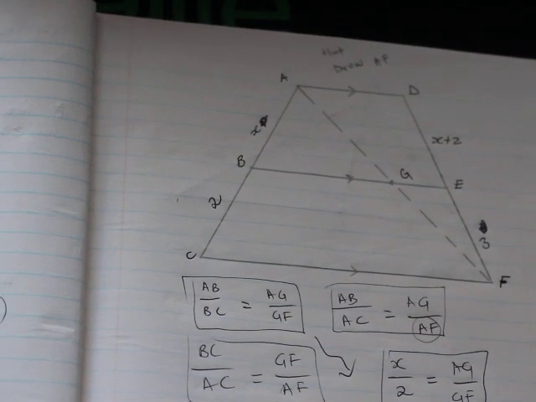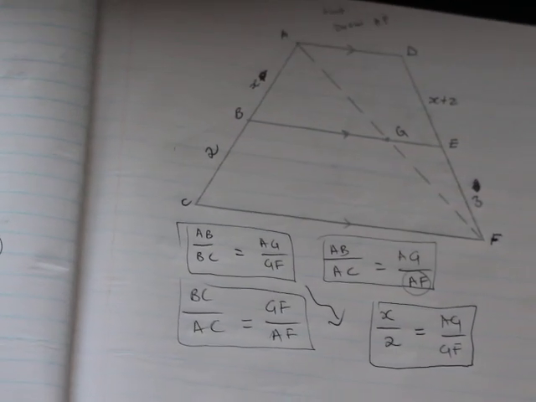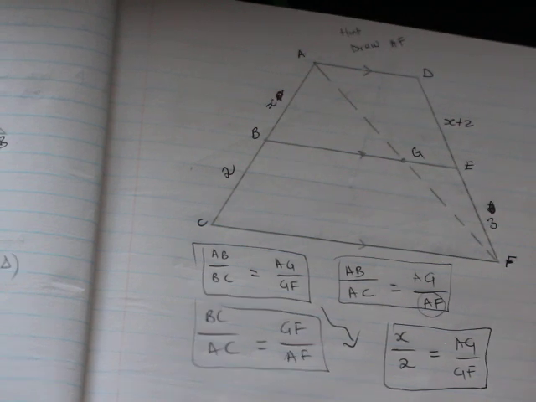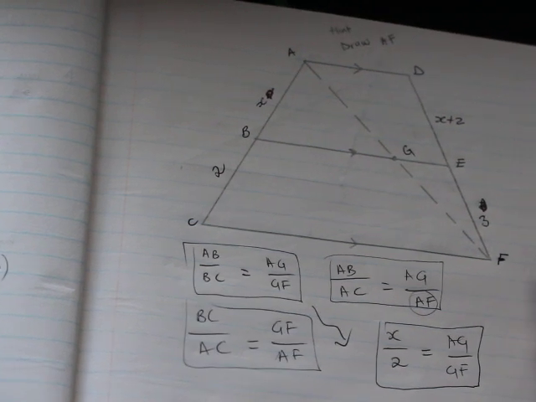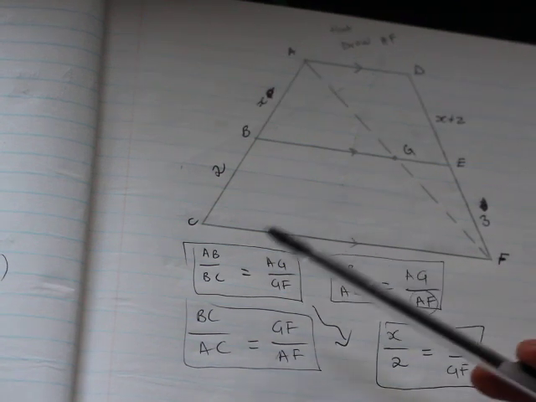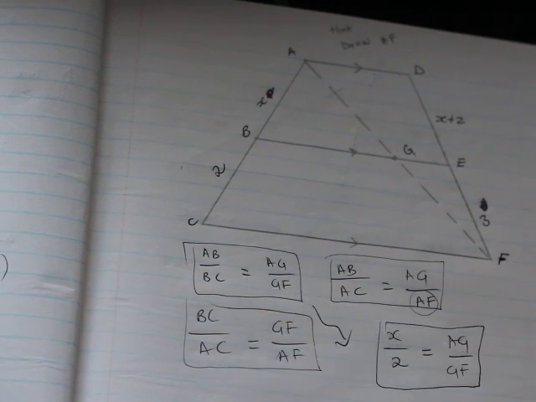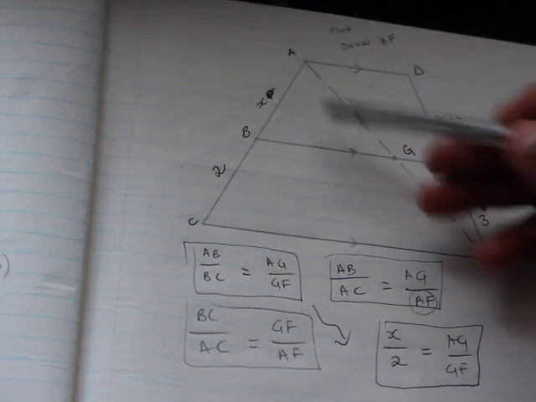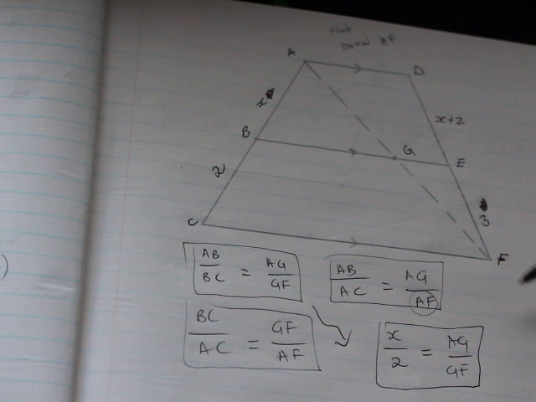Okay, so now that AF is here, we can start solving. I've done some substitution here, that X over 2 is equal to AG over GF. Obviously this is from AB over BC is equal to AG over GF. Now let's focus on the other triangle which is flipped, that's AFD.